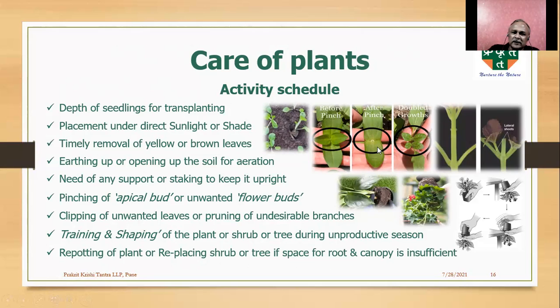Similarly, in case of chili and brinjal, particularly chili, the first branching happens in a Y shape, and from this center the first flower bud and the first fruiting happen.